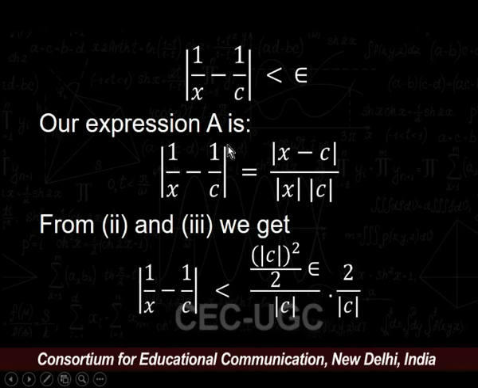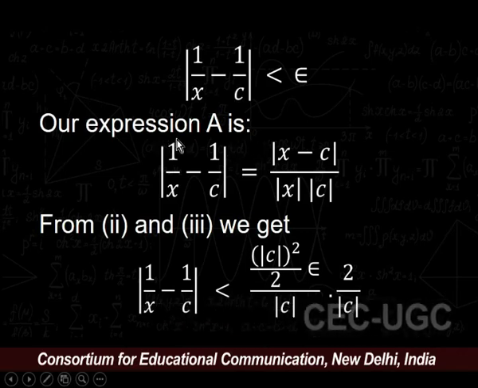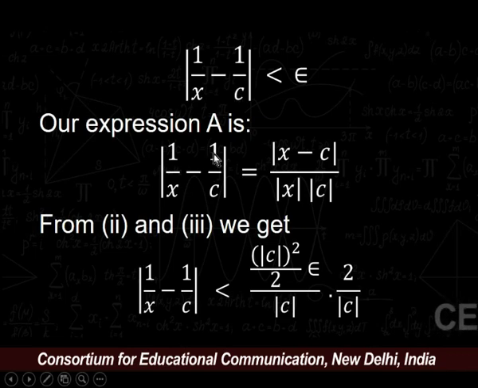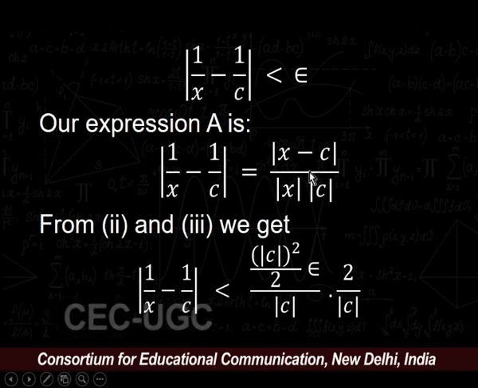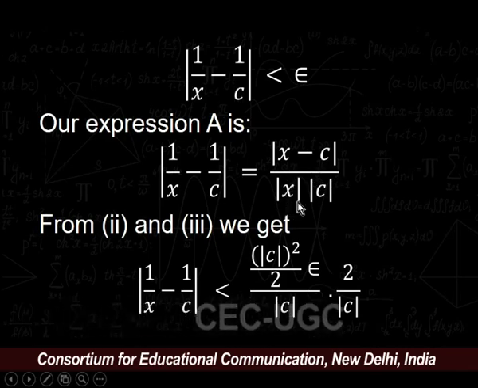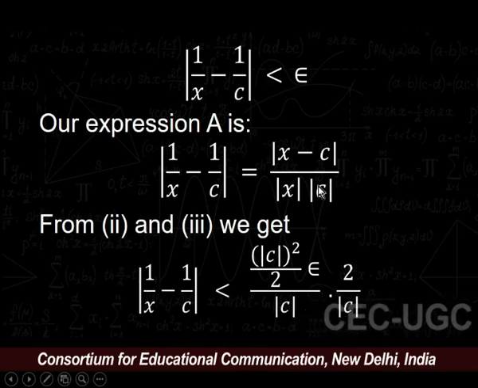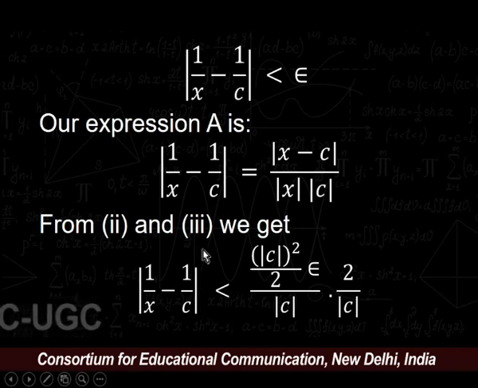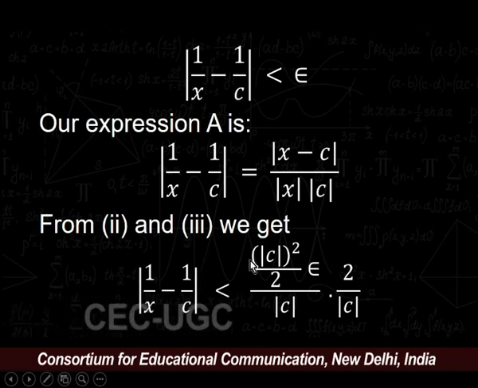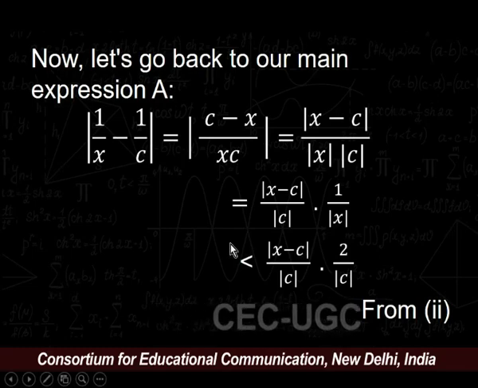Our expression A is modulus of 1 upon x minus 1 upon c, which is equal to modulus of x minus c upon modulus of x into modulus of c. From equation number 2 and equation number 3, we get this inequality. Let us recall what equation number 2 and equation number 3 are.